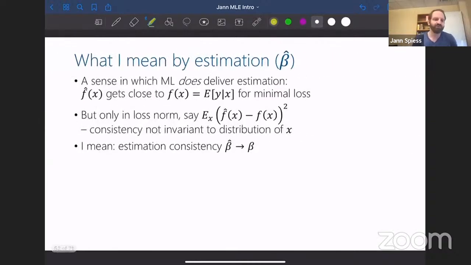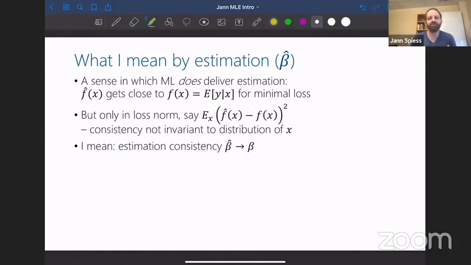On the other hand, of course, you could also say that machine learning does deliver estimation because the prediction function gets close to the true function in the sense that it produces small loss. That is basically just one norm I could put on the difference between the truth and the prediction function.